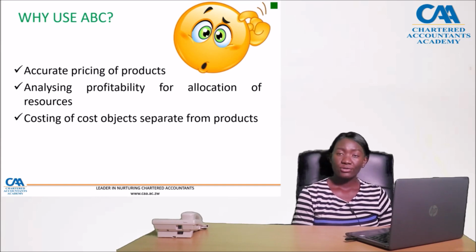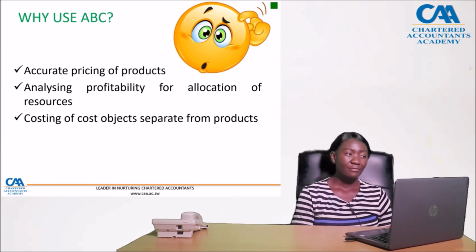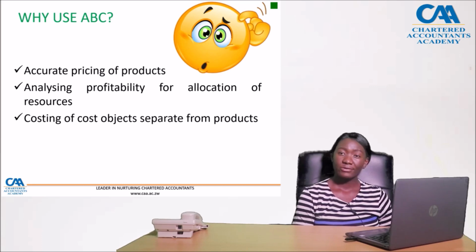Cost of diverse cost objects, such as a whole product line, or a production plant, or a customer group, can be computed. This is important for it analyzes the profitability for each of the diverse cost objects in supporting management's decision regarding allocation of what? Of resources.